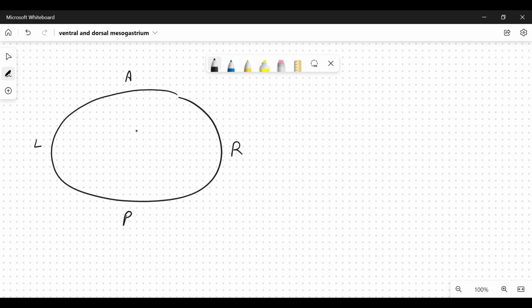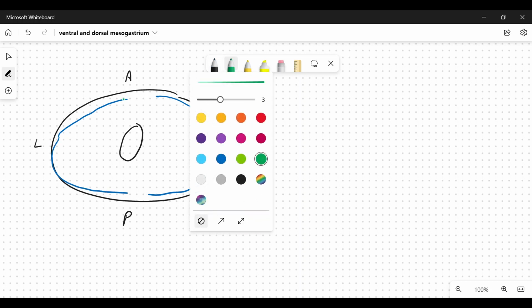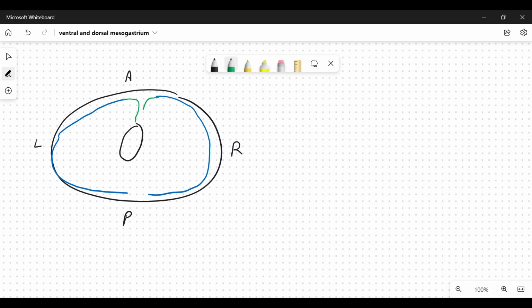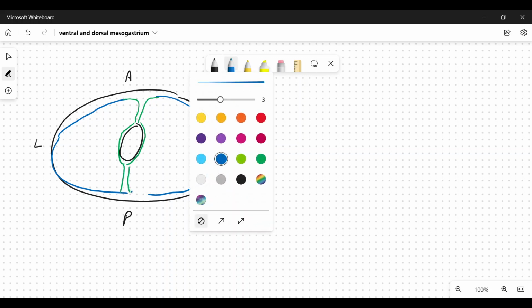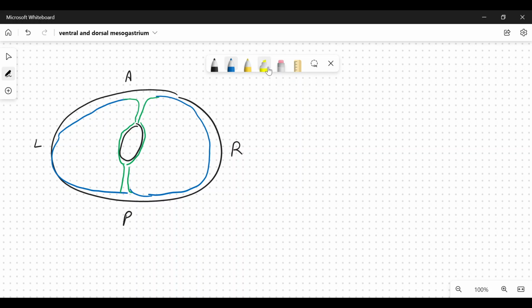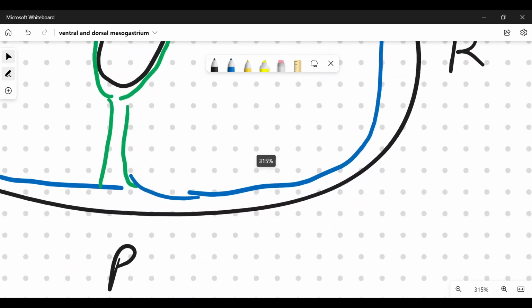Now let me draw a section of the foregut here. The foregut has not yet rotated. Let me draw the parietal peritoneum which lines the inner aspect of the body walls, and the visceral peritoneum that reflects from the anterior abdominal wall, covers either surface of the stomach, then reflects onto the posterior abdominal wall like this.